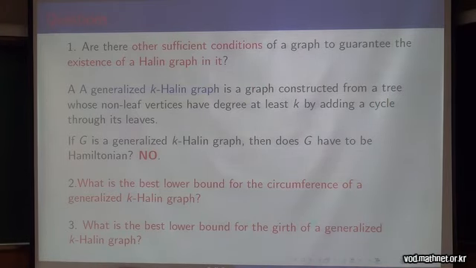So we also tried to find an upper bound, not a lower bound, for the girth in here. We didn't find any bound for this one. I just guessed that maybe the bound is constant, or maybe logarithmic. Okay, this is all. Thank you for your attention.